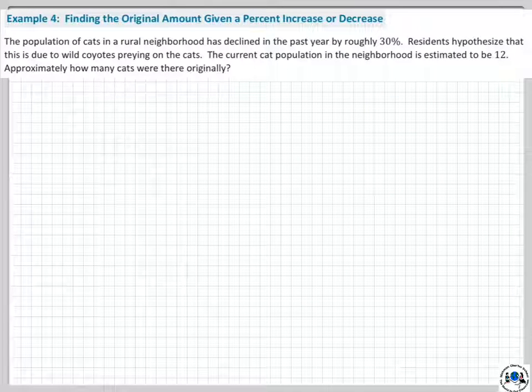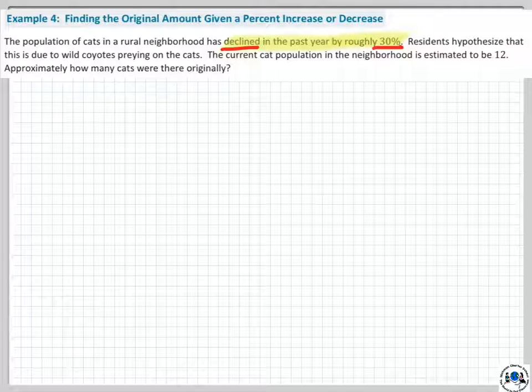Okay, here we go. Example 4. The population of cats in a rural neighborhood has declined in the past year by roughly 30%. That word roughly is going to play a little part when you see the final answer here.